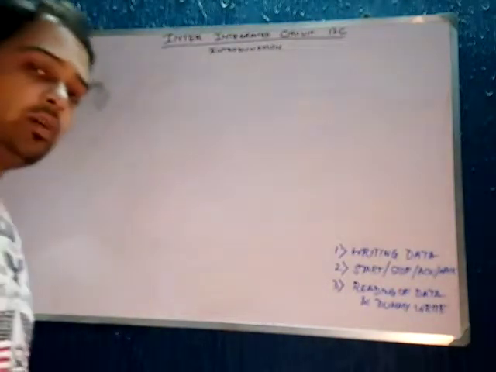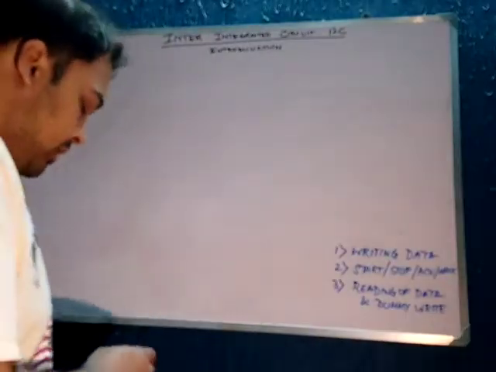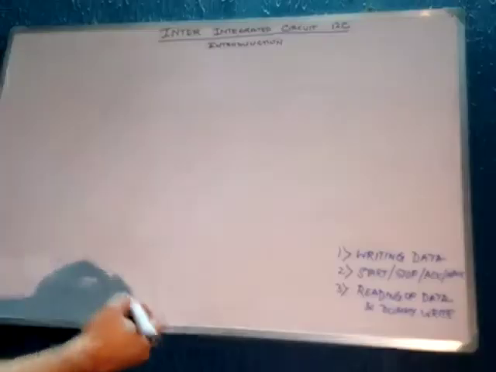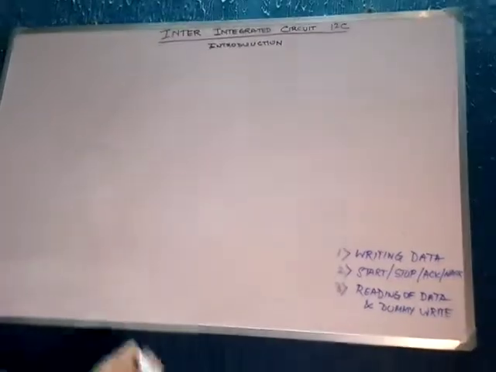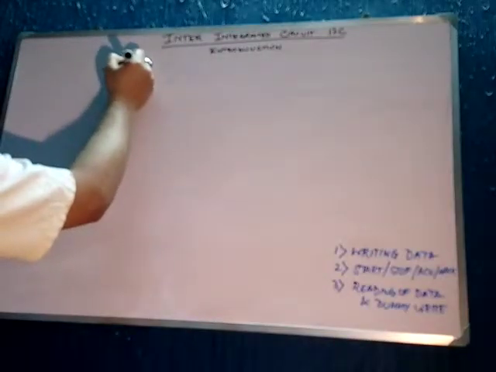Okay, so the first thing that you should know is that I2C communication consists of a few steps. That is, first there has to be a start condition.